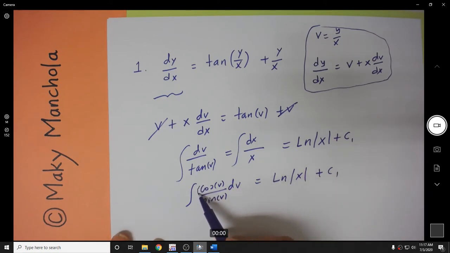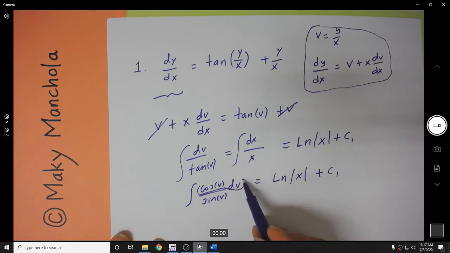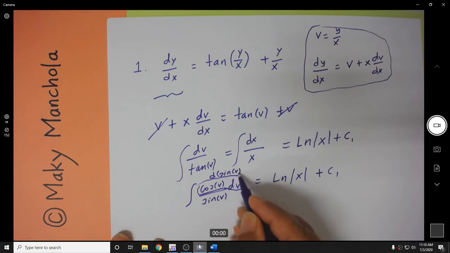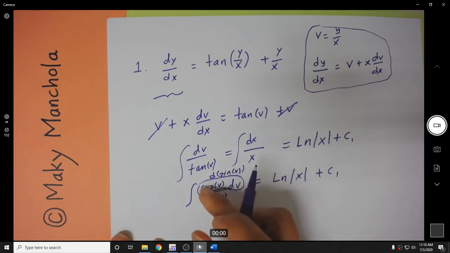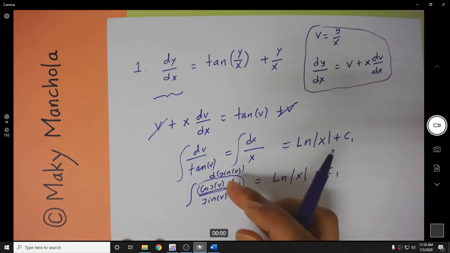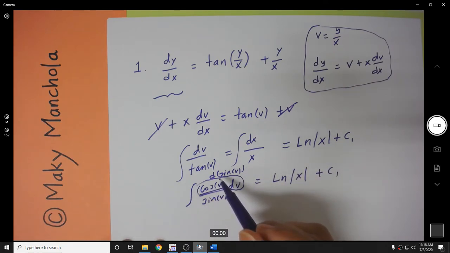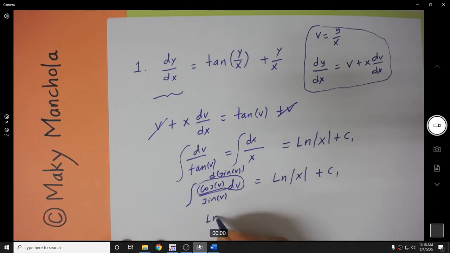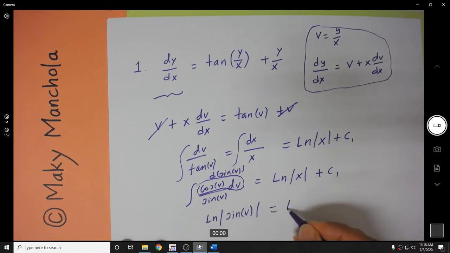Observe that the denominator is sine of v, the numerator is d of sine of v, because when you differentiate sine, you get cosine. So what is the integral of the differential of sine of v over sine of v? That is the natural logarithm of the absolute value of sine of v. And that equals, on the right side, ln of x plus c1.